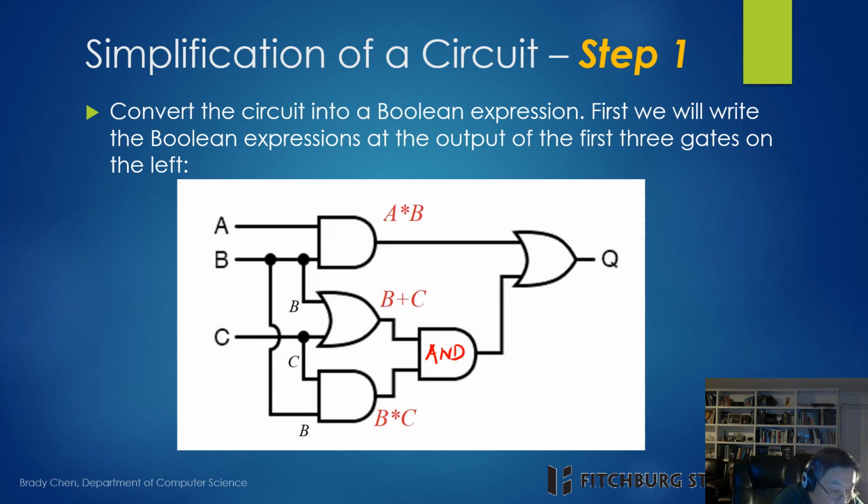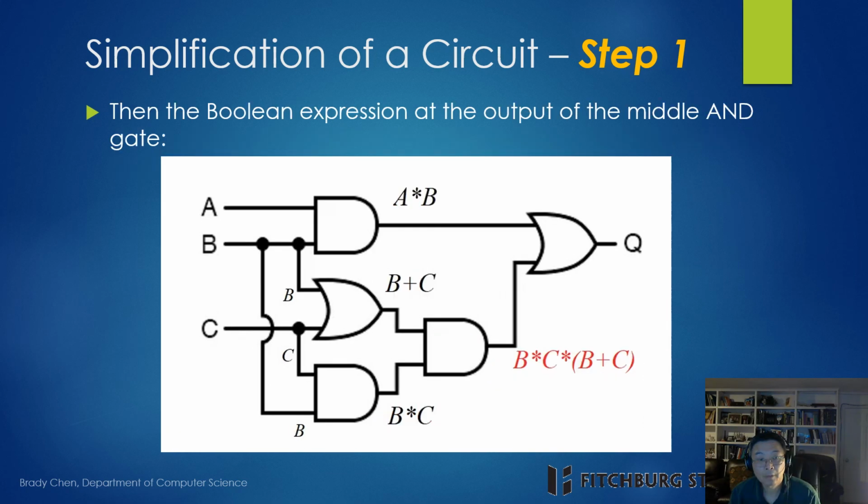The inputs for this AND gate are B plus C and B times C. So then the output should be B plus C times B times C. Okay, so that's what we got. So here's what we have after the second round.